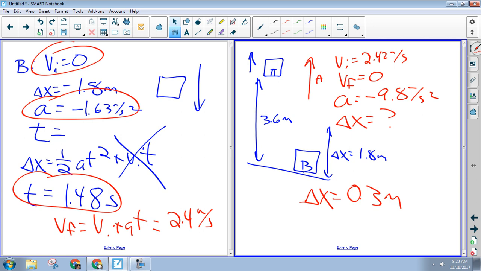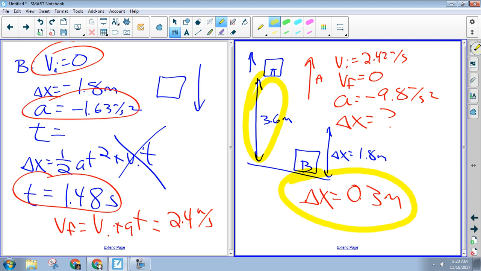So what's the total height it gets to? 3.9, right? 3.6 because of this, and then from that point, it goes up another 0.3 for a total of 3.9. Does that make sense, you guys?